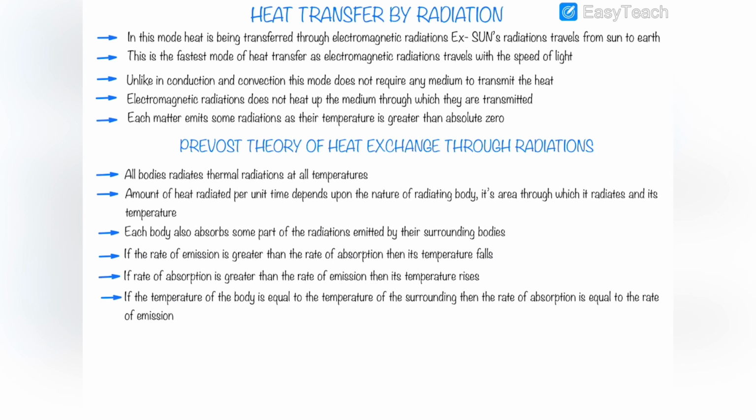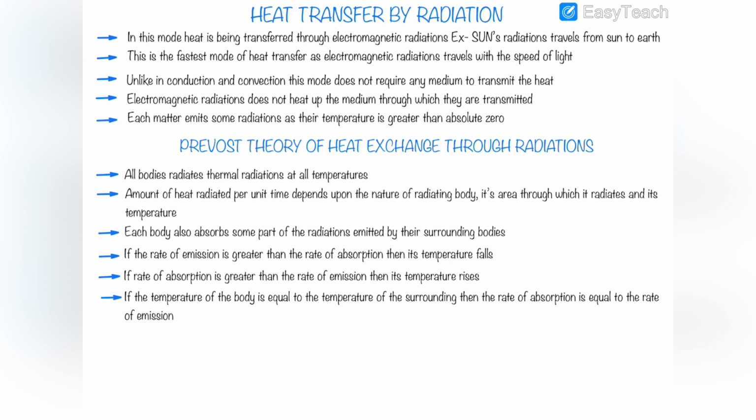We know that when the sunlight is coming from sun to earth's surface, it does not heat up the air. So you must be wondering why air is hotter then. It is because the air which is in contact with earth's surface is hotter as compared to the air which is away from it.